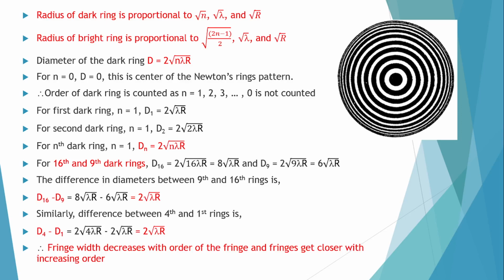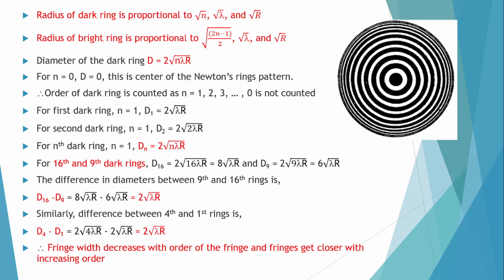Now consider two very specific dark rings, the 16th and 9th dark rings, just for our convenience to find the square roots. So d16, the diameter of the 16th ring, is equal to 2 square root of 16 lambda r. Square root of 16 is 4, so it is 8 square root of lambda r. And the diameter of the 9th dark ring, d9, is equal to 2 under root of 9 lambda r.